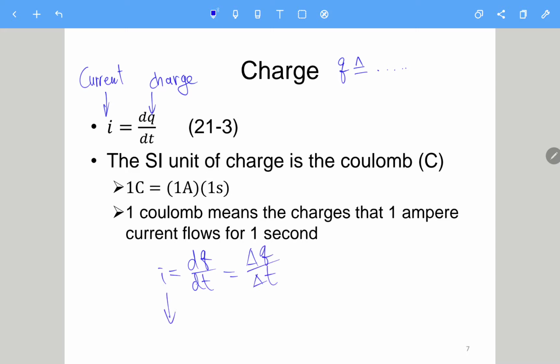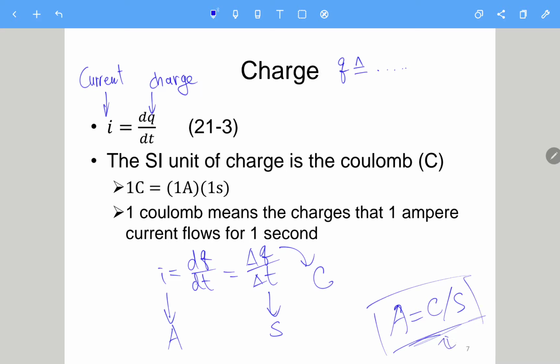So this has an SI unit of ampere, this has an SI unit of Coulomb, and time has an SI unit of s. Actually it is not quite correct to write it like this, but you can simply consider it this way. Usually we will not write it like this, it is not so rigorous.